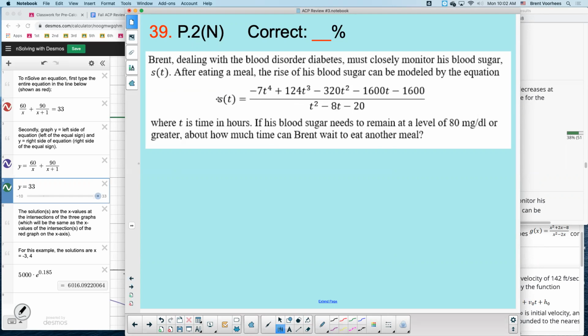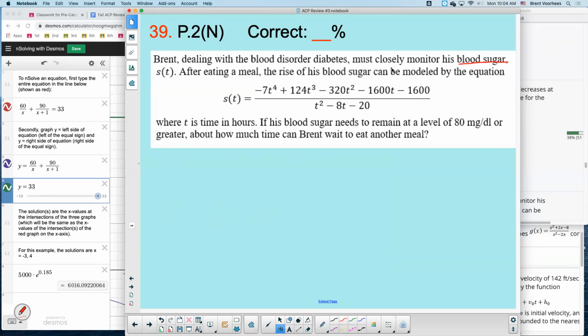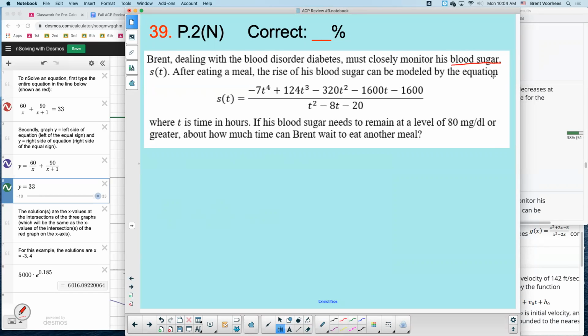Does 80 refer to S of T or is 80 T? Now it tells you up here, S of T is blood sugar, T is time. So I'm going to underline those. Blood sugar is S of T, T is time. What is the 80? Is that a blood sugar or a time?